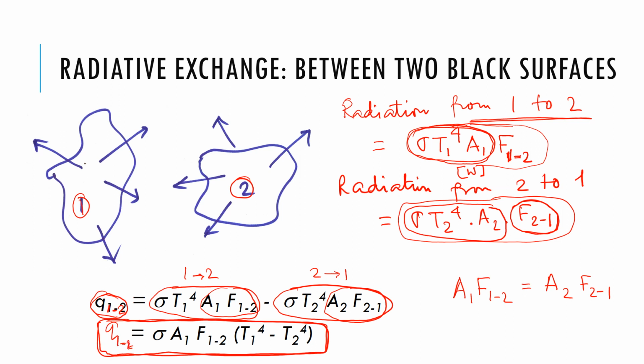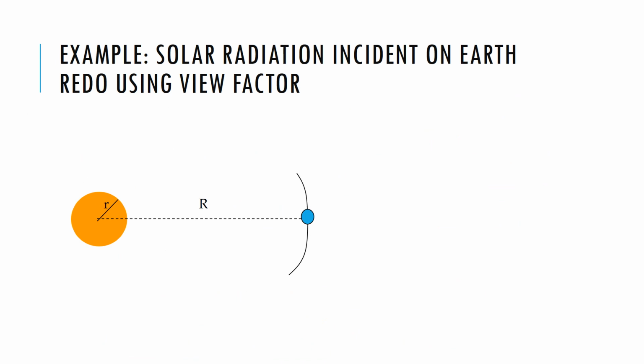Q12 is the net amount of radiation going from surface 1 to surface 2 when the temperatures are these. The second thing, which is very important, is that this is the net amount, so it has an implied direction: 1 to 2. We would need these for energy balance calculations.